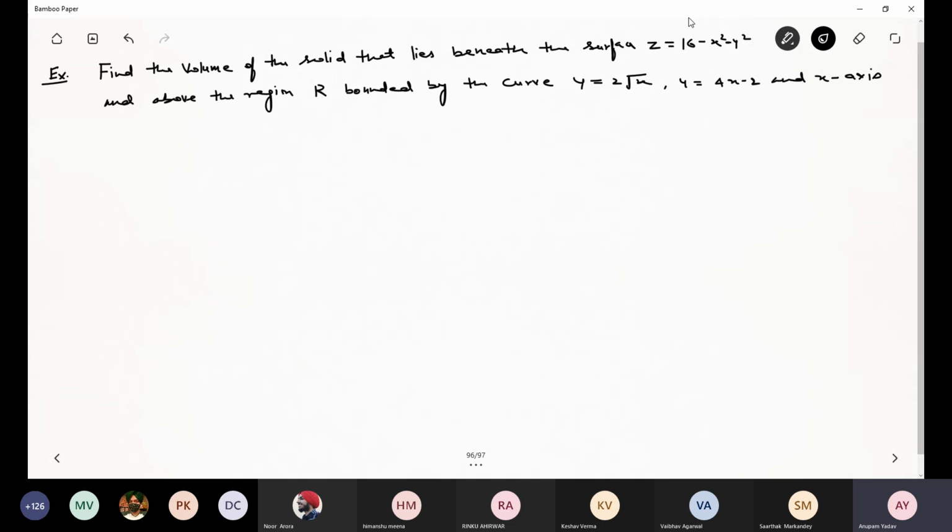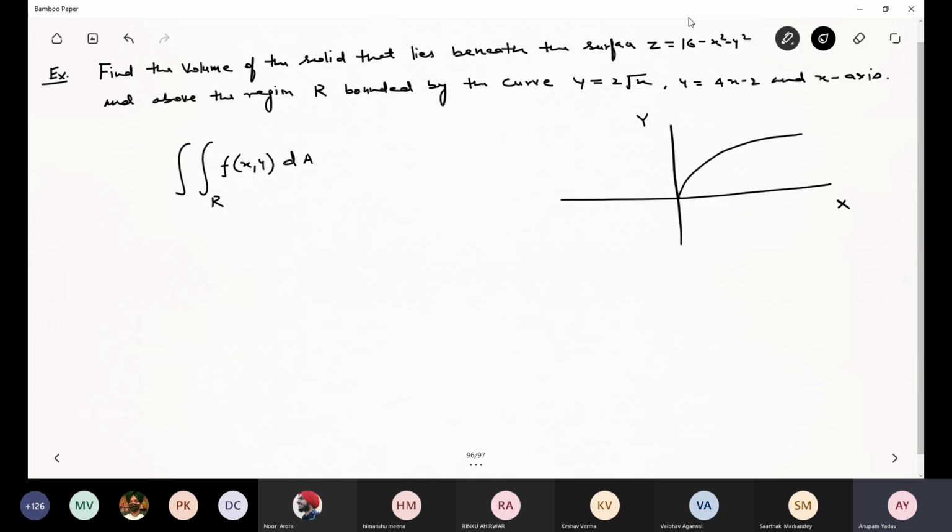So we have the formula for the volume, which is the double integration over the region R of f(x,y) dA. And what is R here? Let us draw the region R. This is the x-axis and this is the y-axis. y equals 2 root x is a parabola like this.